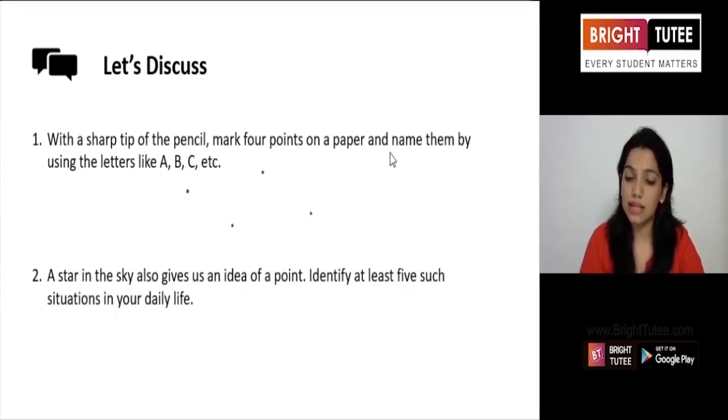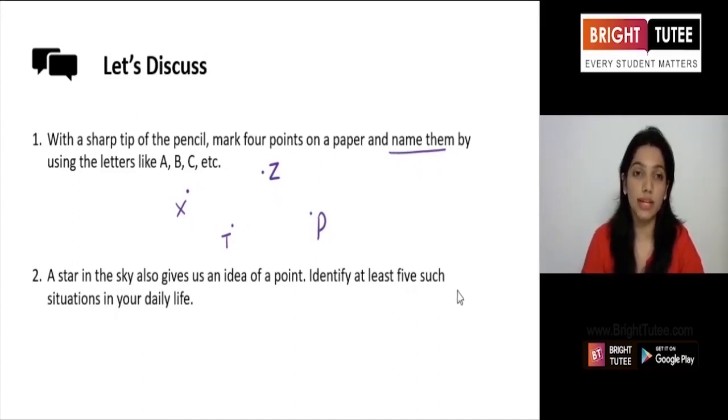And it says to name them. I hope you remember how we can name these points. We name the points by any of the letters. So let's say this is point X, this is point Z, this is point T, and this is point P. So randomly we can put any letter for the points, and this is how we name them.